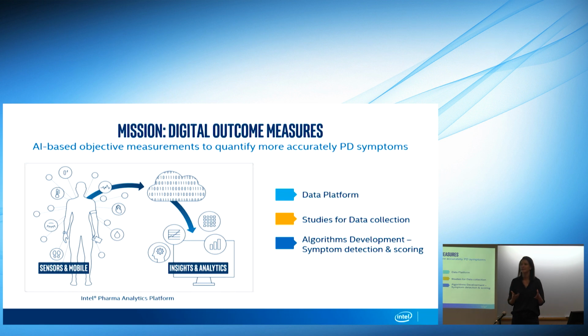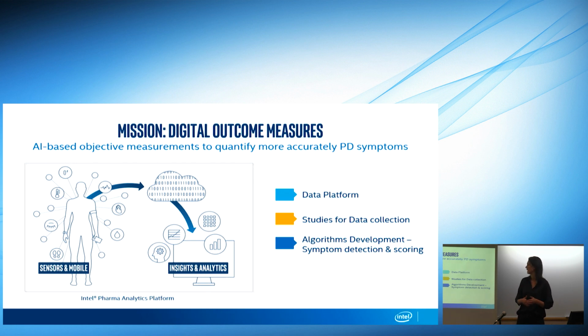The mission that we wanted to accomplish is to develop digital outcome measures, replacing the so-called UPDRS. No need for a clinician to rate the severity of the different symptoms, which today is done manually, but just using objective data that is collected from sensors and translating that into a reliable objective score using machine learning algorithms.